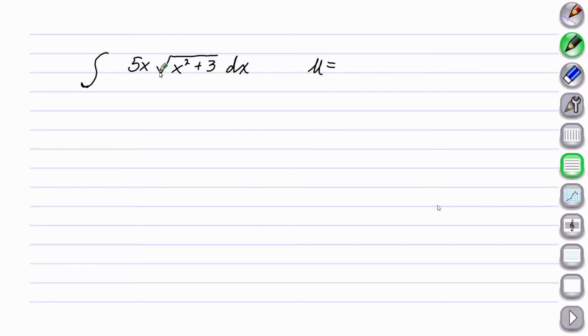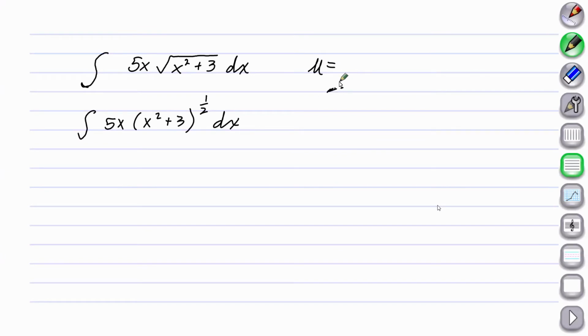We call that the half power. So I'm going to write u equals, and the book says probably to do the same thing.